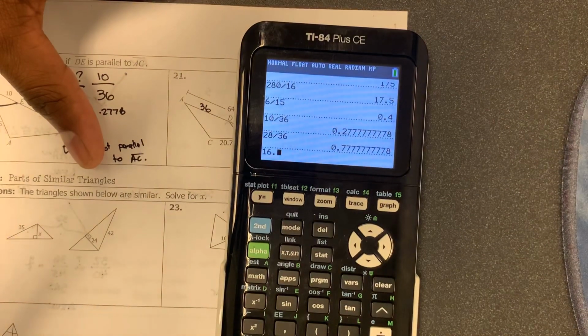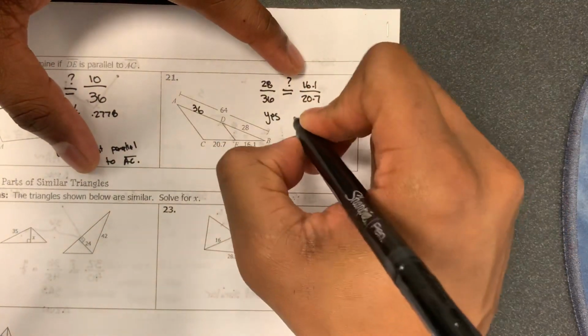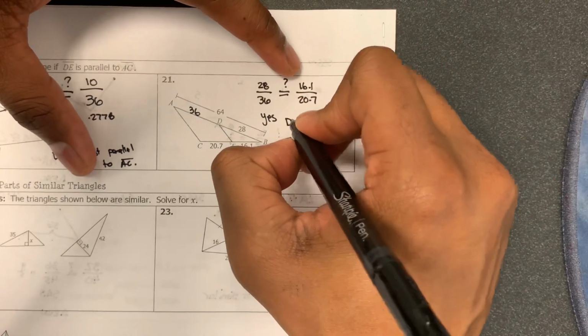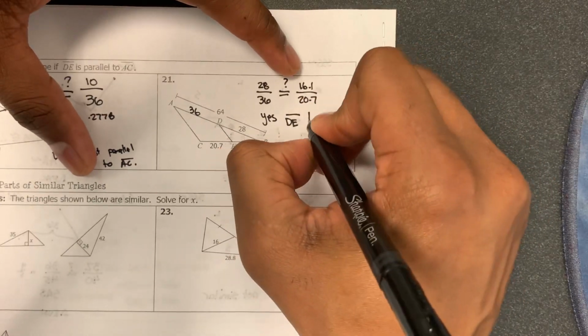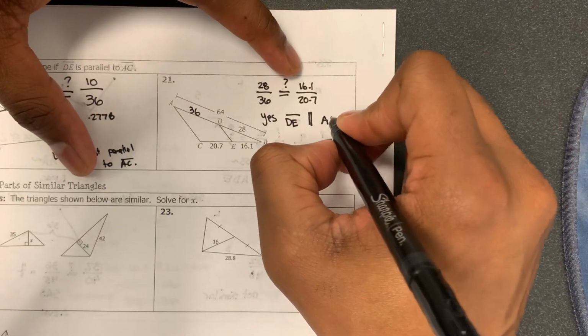And 16.1 divided by 20.7 is exactly the same thing. So in this case, we would say yes, segment DE is parallel to segment AC.